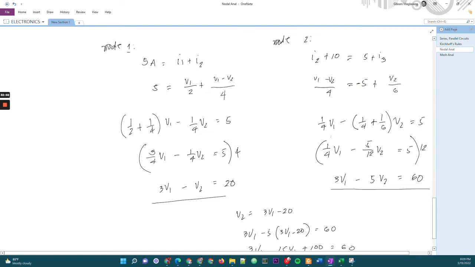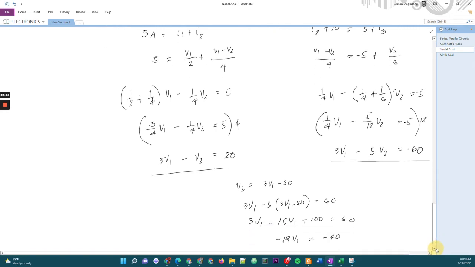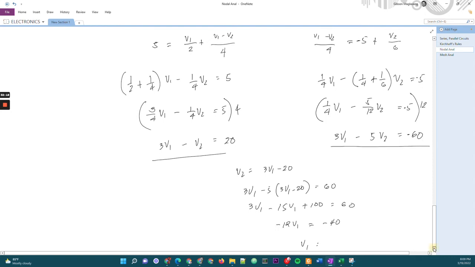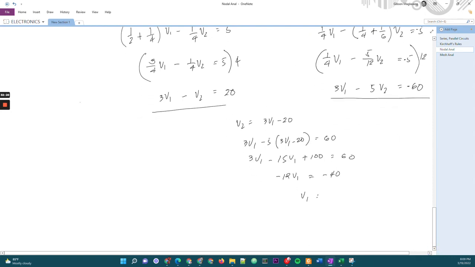So this is negative 60. Pag abot sa obos, this is negative 60. So this would be what? Negative 160.